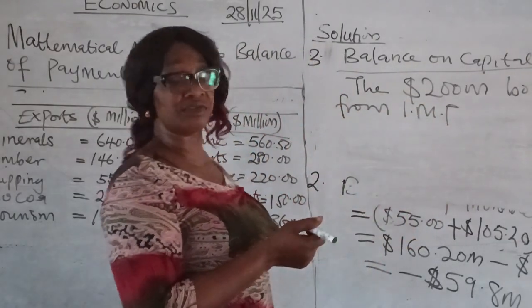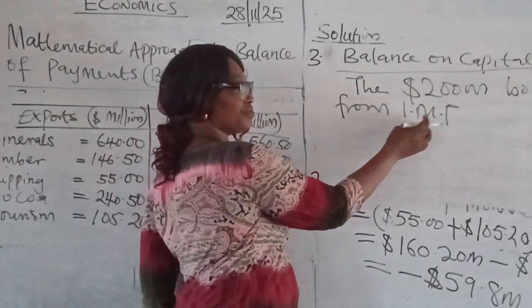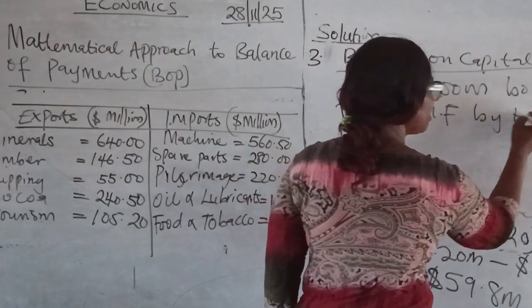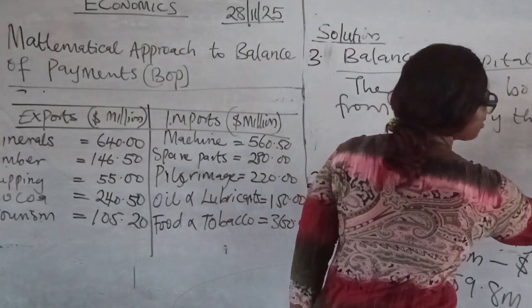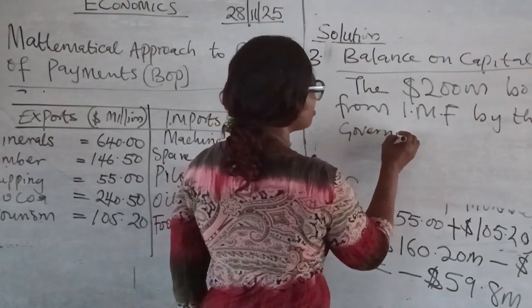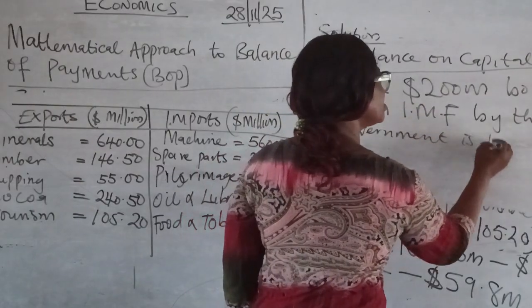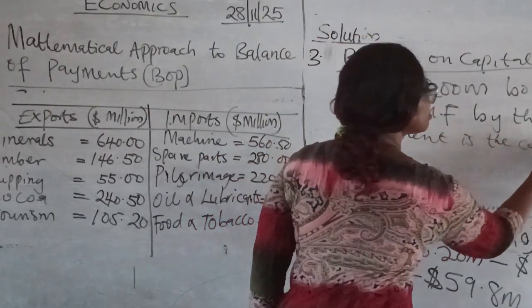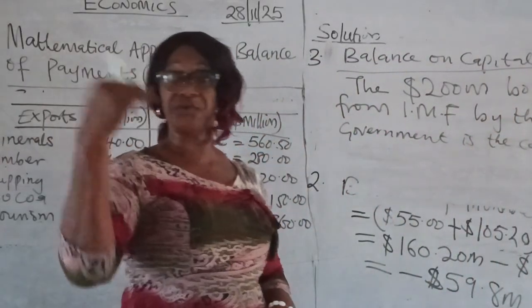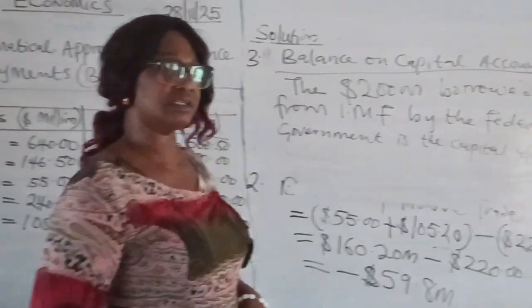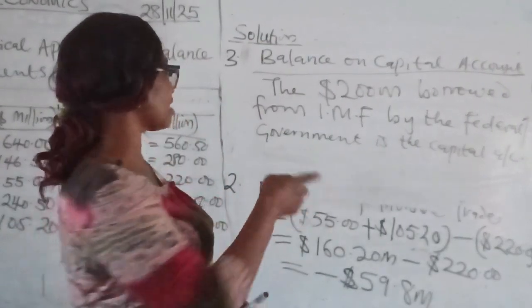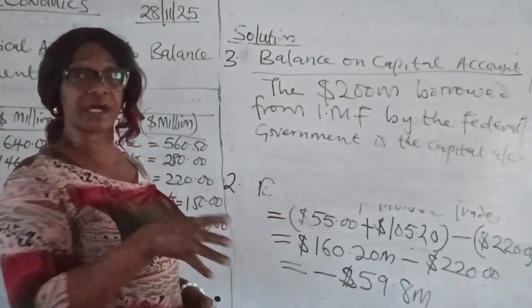Of course, you know the full meaning of IMF: International Monetary Fund. Borrowed from IMF by the federal government is the capital account. Remember what is capital account? Inflow and outflow of money in form of loan or investment. That is capital account. So this number 3 question, capital account.